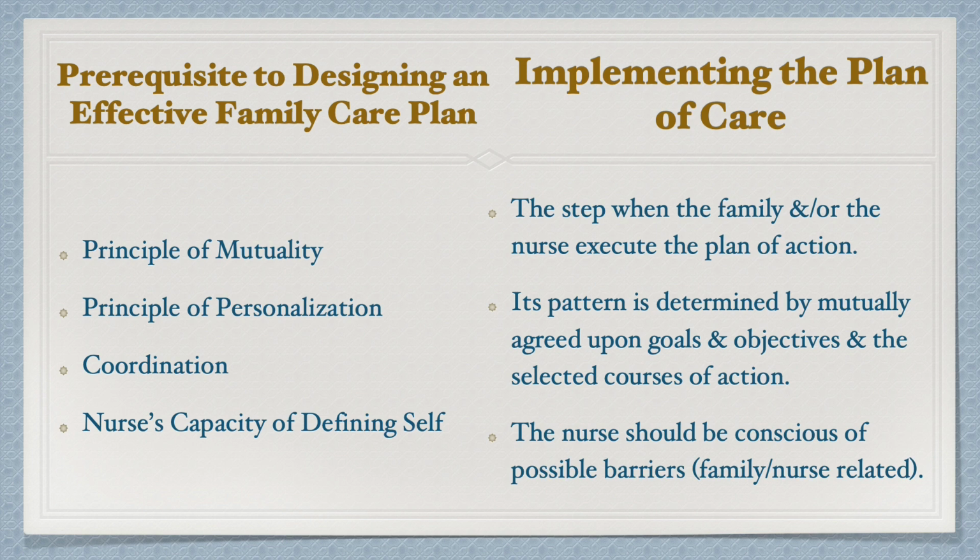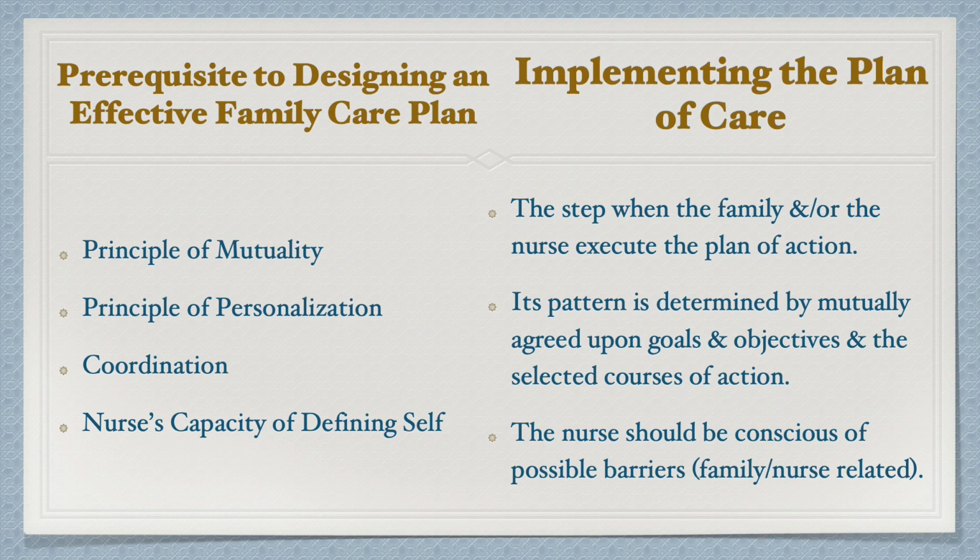Indecision may result in the family allowing events just to happen since they cannot make a decision. If no decision, it would mean no action also. So the nurse has to exert effort to find what is actually happening to the family to be able to effectively deal with the barriers.